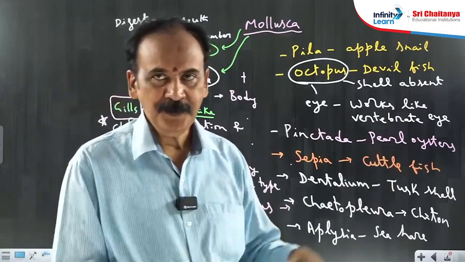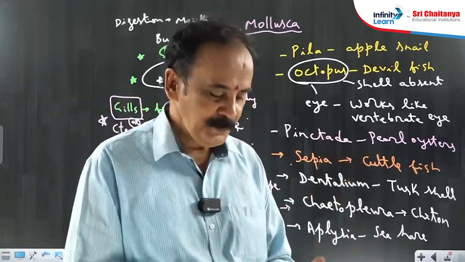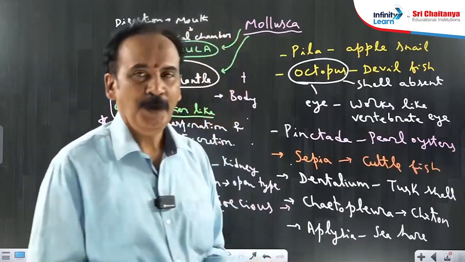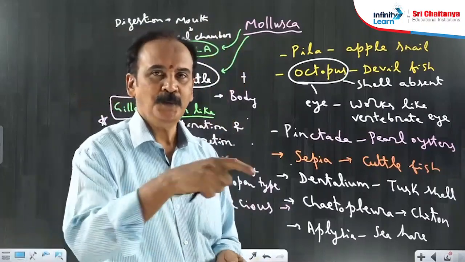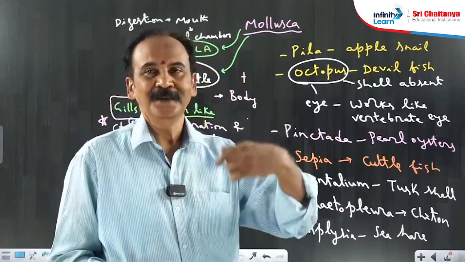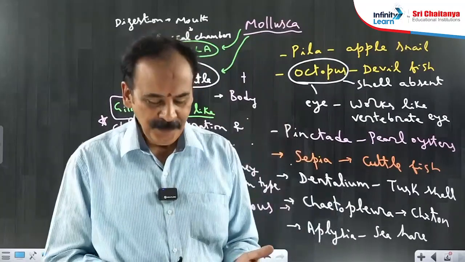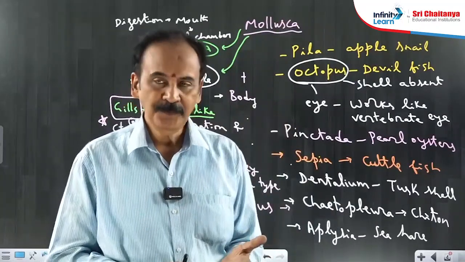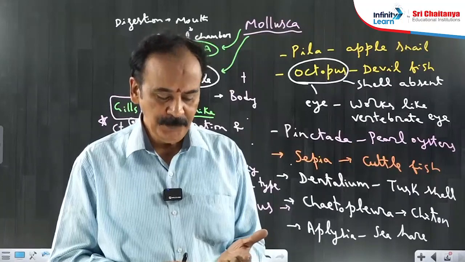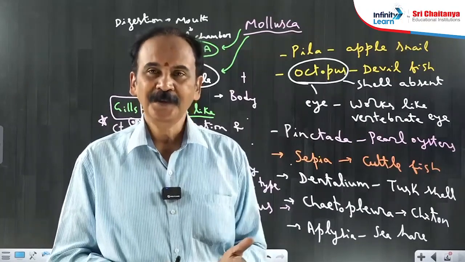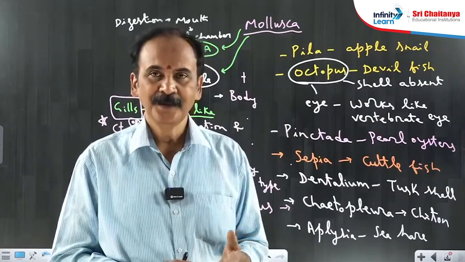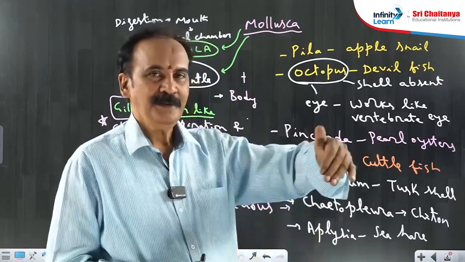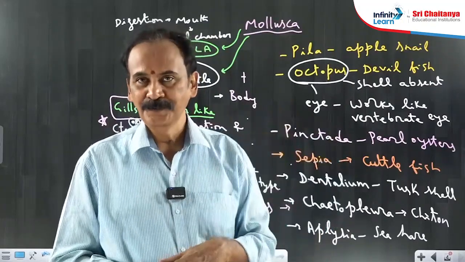Canal system is different. This is called water vascular system in Echinodermata, where the seawater is circulated through special canals derived from coelom. That system helps in capturing food material, locomotion, respiration, and excretion, right? Those are the functions carried out by the water vascular system.